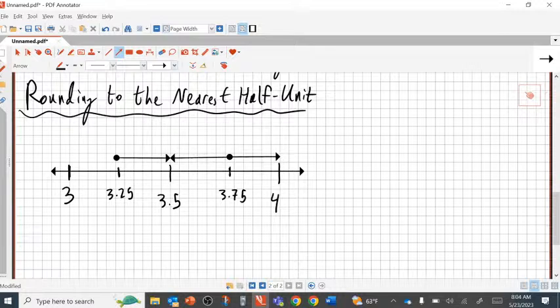Something less than 3.75 is going to turn into a 3.5. And something less than a 3.25 should turn into a 3.